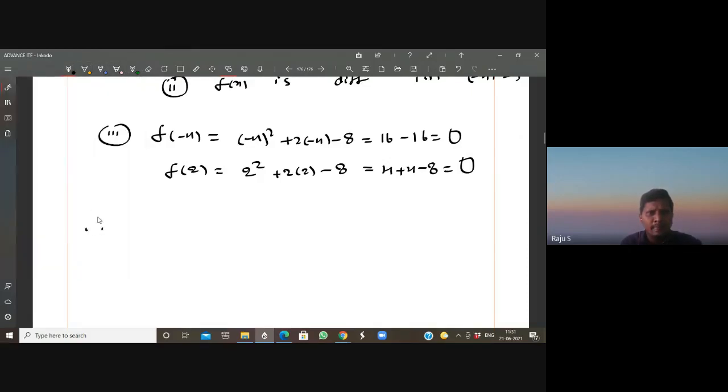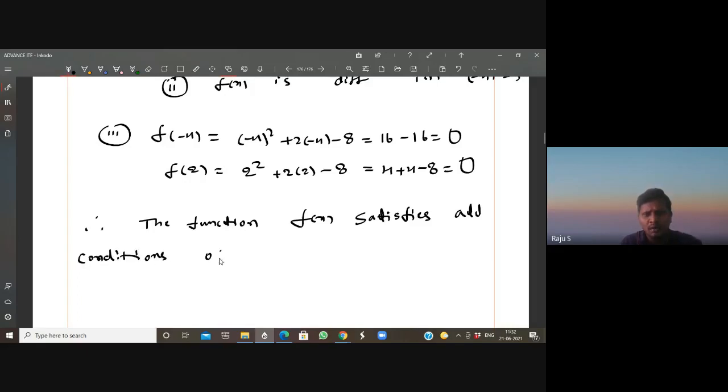Therefore, the function f of x satisfies all conditions of Rolle's mean value theorem.